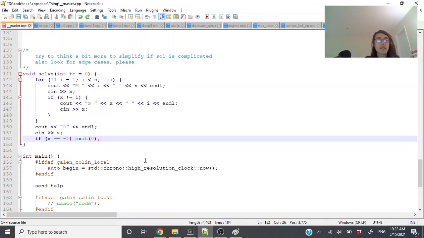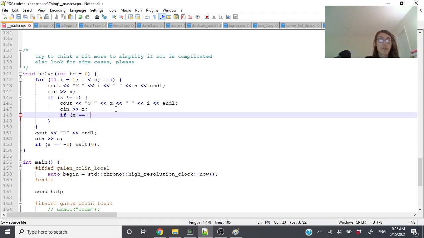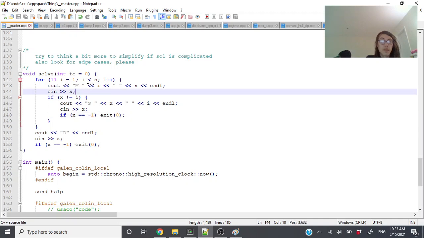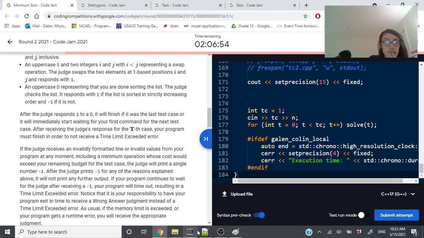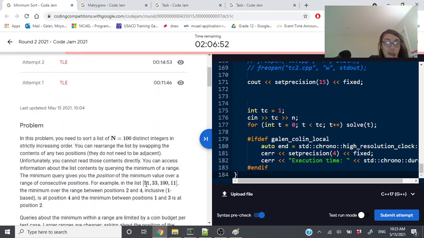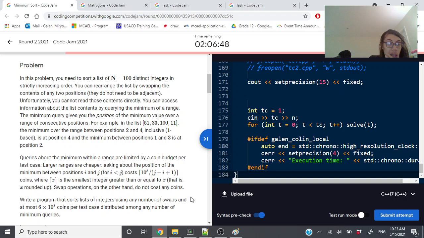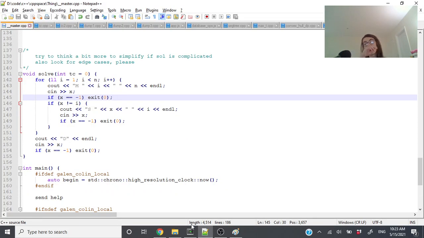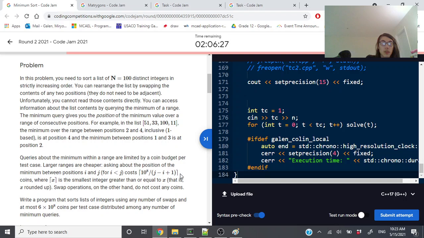No, wait, maybe it's some like getting it wrong and maybe that's what it is. So it could be like a hit on wrong answer or something. I'm just very confused. What causes this? Am I like printing the wrong query or something?